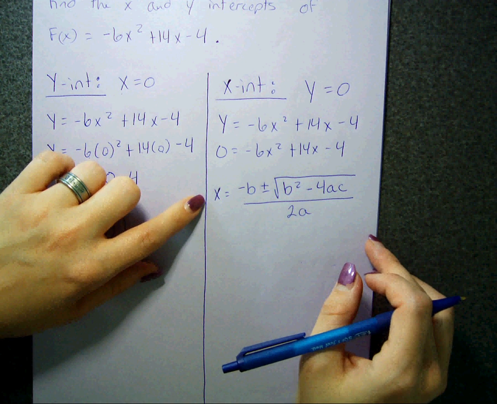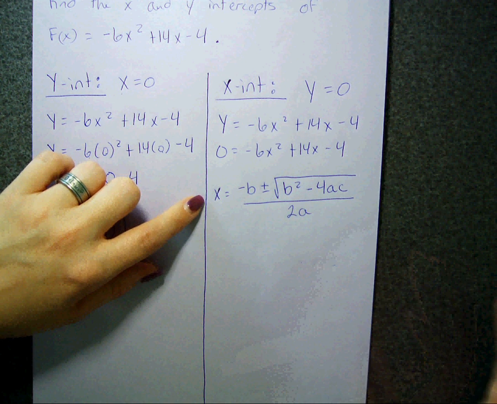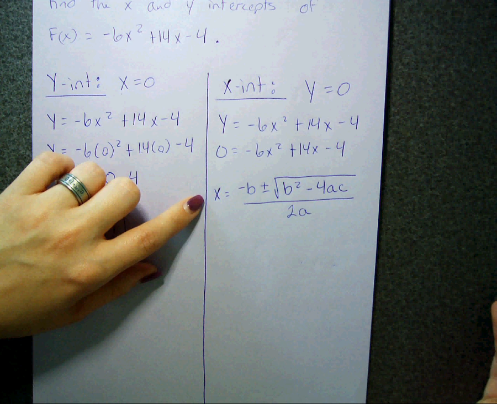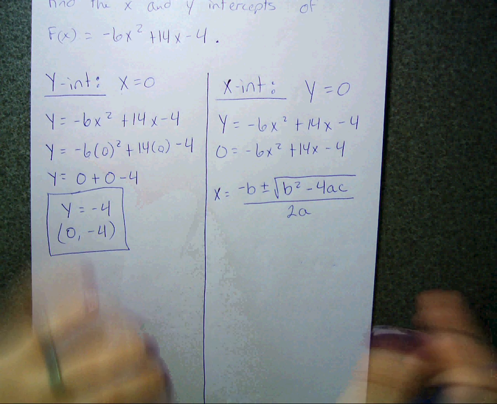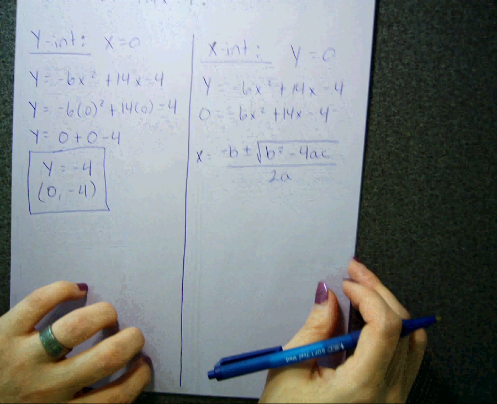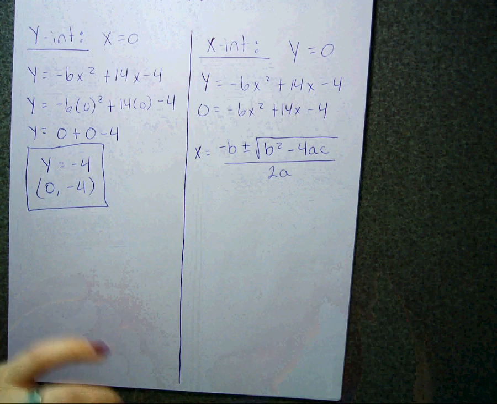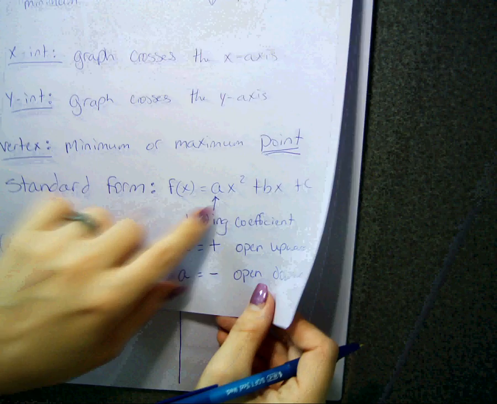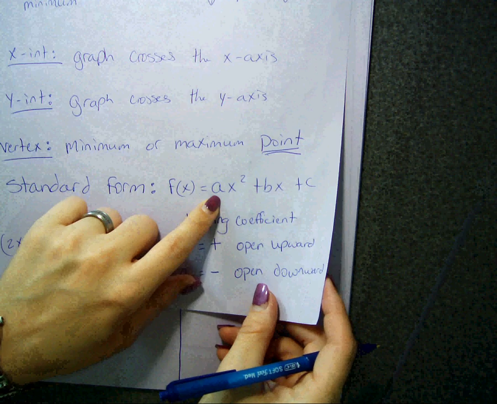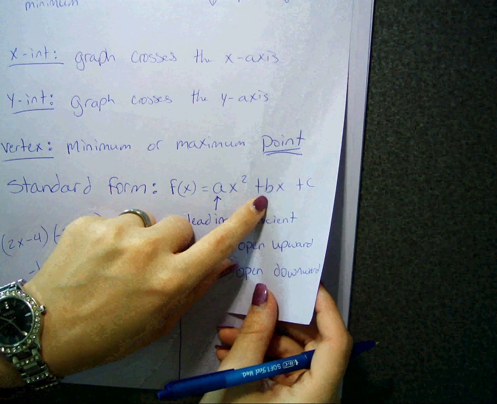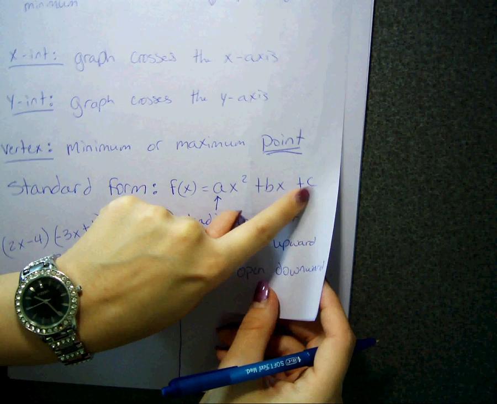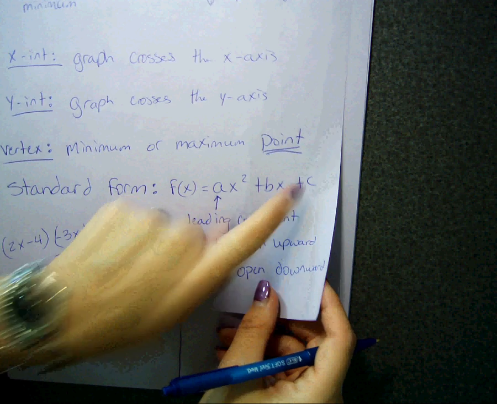There are no x's inside of my quadratic formula. Okay? Do not make it more complicated than it is. So I need to identify a, b, and c. Remember from our standard form, a is the number in front of x squared, b is the number in front of x, and c is the plain constant, right? The number all by itself.